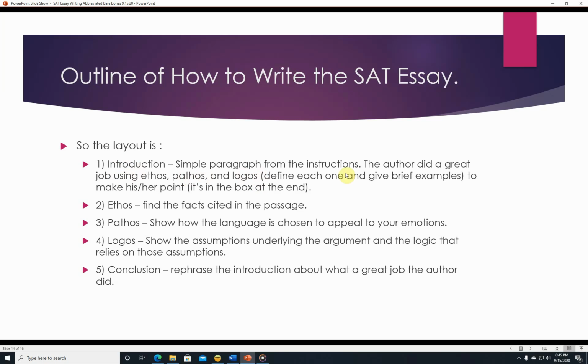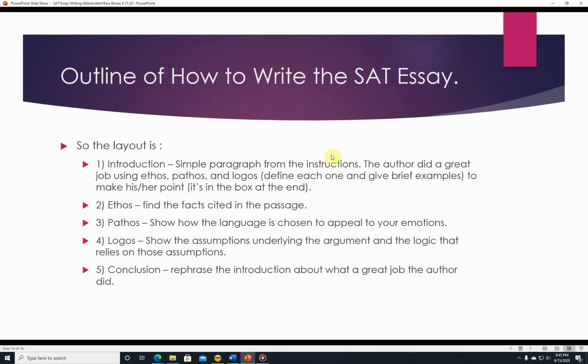You basically just want to list brief examples of ethos, pathos, and logos after you define them. So ethos in the form of survey results and test results from scientists around the world. Pathos in a dire warning about what will happen if we don't abide by the instructions that are given by scientists.